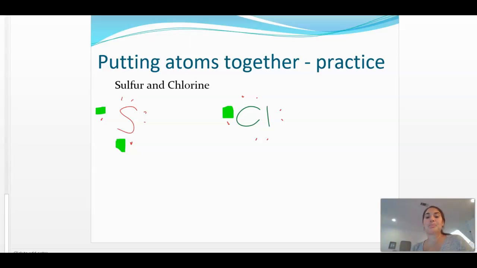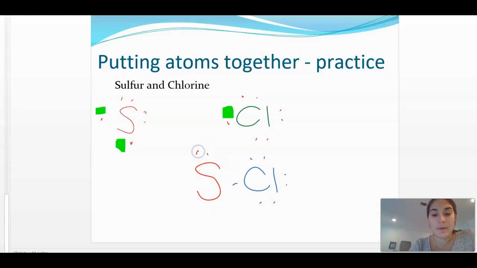So we can start, and we know that our chlorine at least has that 1 empty spot where one of our sulfurs can come in, right? But we still have that other unpaired spot still empty on our sulfur. So the chlorine got happy by smushing 1 to 1, but the sulfur is still not done, right?